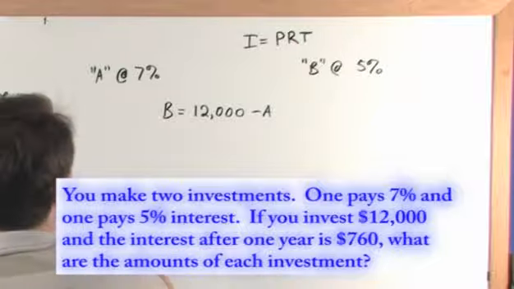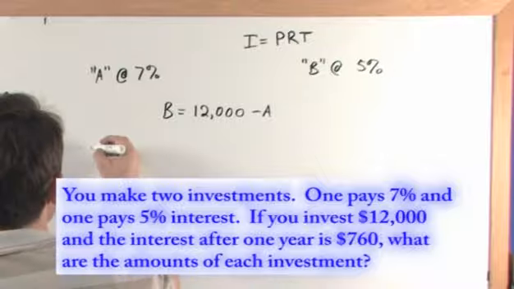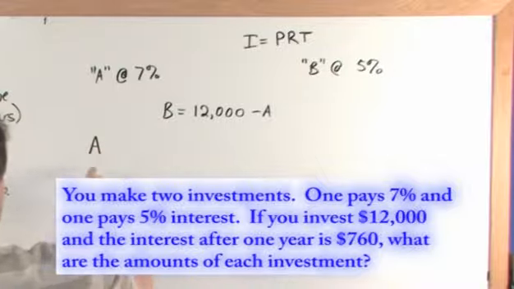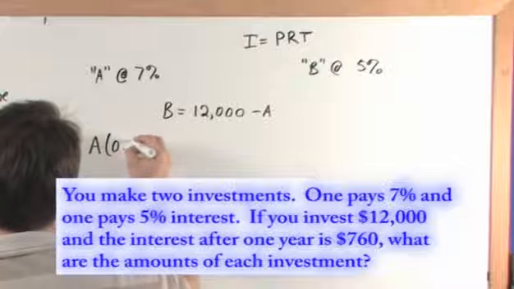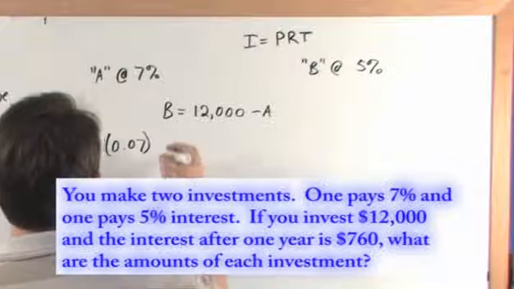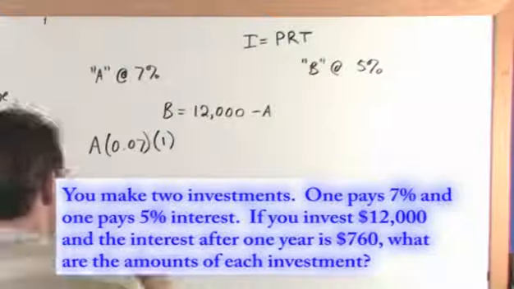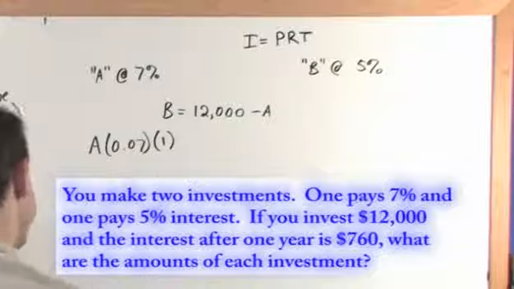What I'm going to do is write an equation for how much interest I've earned. If I put so many dollars into A, which is what A represents, at 0.07, which is 7%, and we said that it's at the end of 1 year. It says right here, if you invest $12,000, the interest after 1 year is $760.